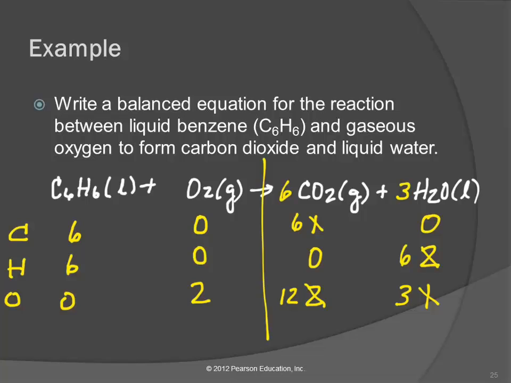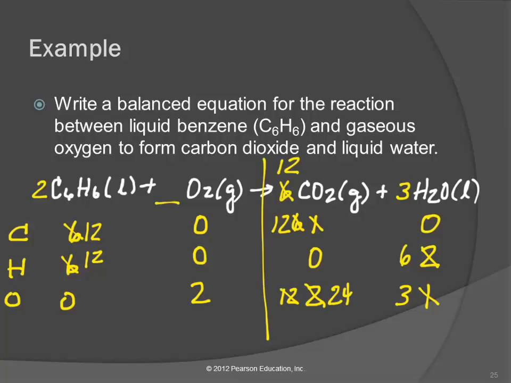So what we're going to do is multiply everything we've done so far by 2. So we're going to put a 2 here, and that changes this, and that changes this. We're going to leave that oxygen alone because that's what we're trying to figure out. We're going to change this to a 12, which gives us 12 carbons and 24 oxygens.